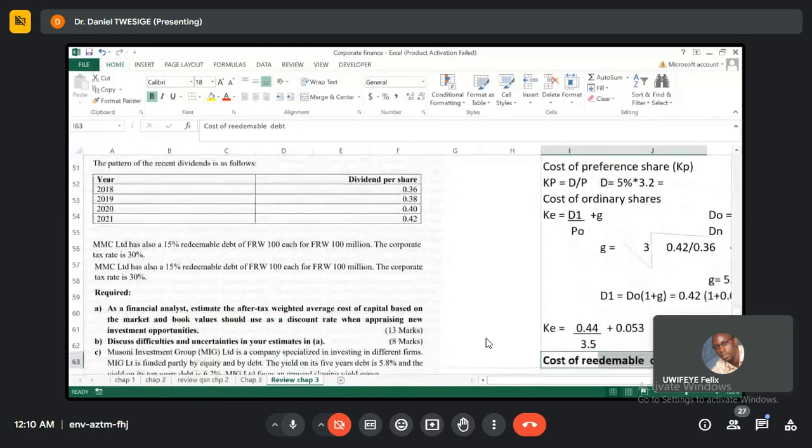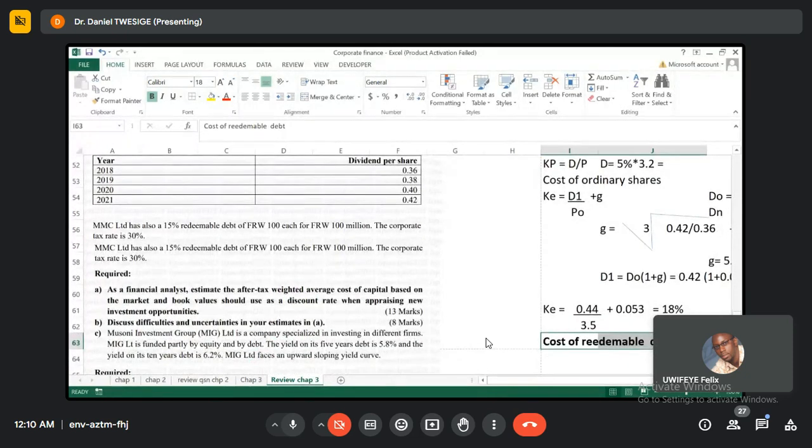Since we are not given the period when the debt is going to be redeemed, we are going to assume that debt is not redeemable, and then we compute basing on that. Although the question is saying the debt is going to be redeemable, it's not giving us when we are redeeming, and we are not even given the current market price of the debt, but we are given the par value of that debt.